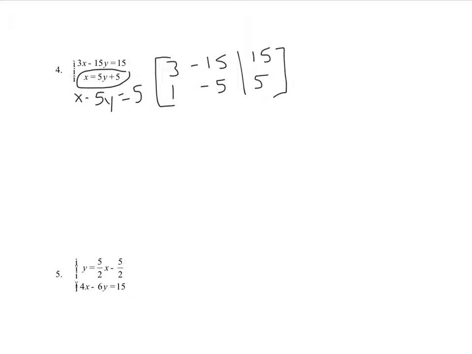Now, one of the things we can do, remember we said we can switch rows? Why don't we take row 1 and switch it with row 2? And that would give us our 1 in the top left. 1, negative 5, 5. Bottom row will be 3, negative 15, 15.